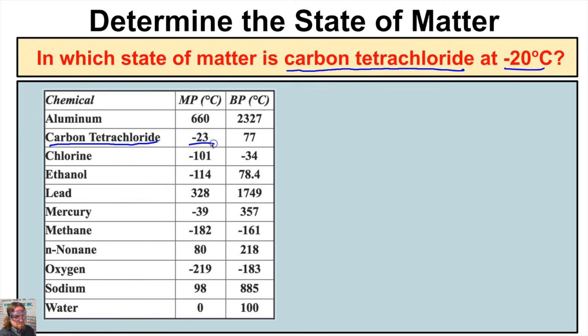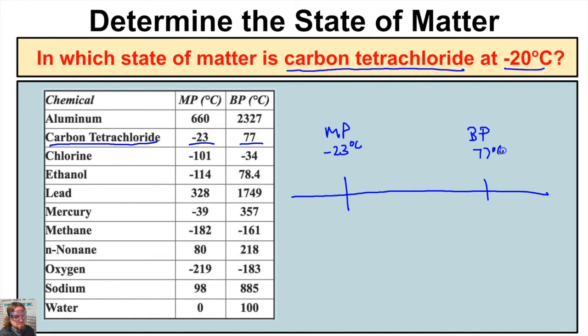And we know the melting point is negative 23 degrees Celsius, and we know its boiling point is 77 degrees Celsius. So let's go ahead and make a little number line and mark our melting point and mark our boiling point. The melting point, it tells us in the table, is negative 23 degrees Celsius. The boiling point is 77 degrees Celsius.